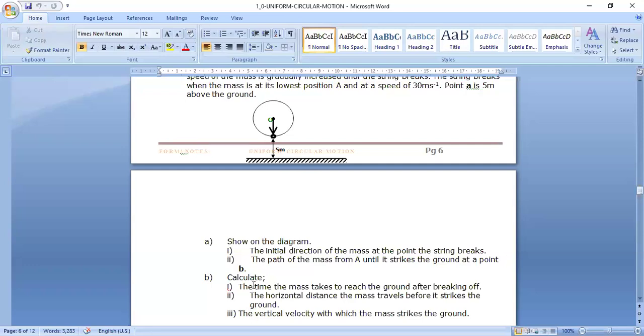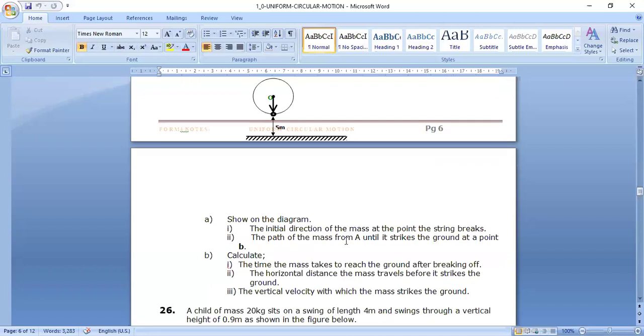Roman 3, calculate the vertical velocity with which the mass strikes the ground. So vertical velocity, we can use the first equation, which says V equals U plus g t. Remember, this is vertical motion. That's why we are being told vertical velocity.